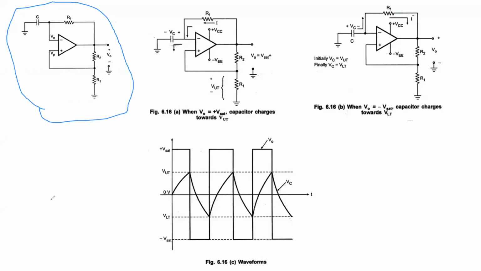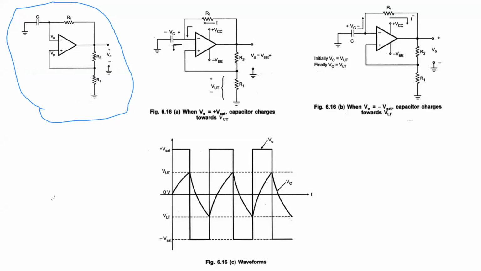Yes, sir. Then tell me, the comparator along with hysteresis, what is the name of the circuit? Smith trigger. Right, the answer is Smith trigger. He won't ask a direct question, he asks indirectly.